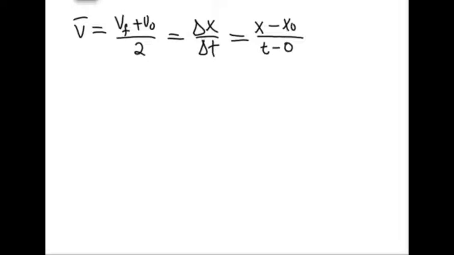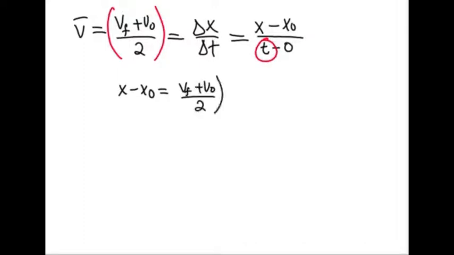Now what I'm going to do is take this equation and simply say this means x minus x0 equals essentially this term right here times t. So this is equal to v final plus v initial divided by 2, all of this times t.